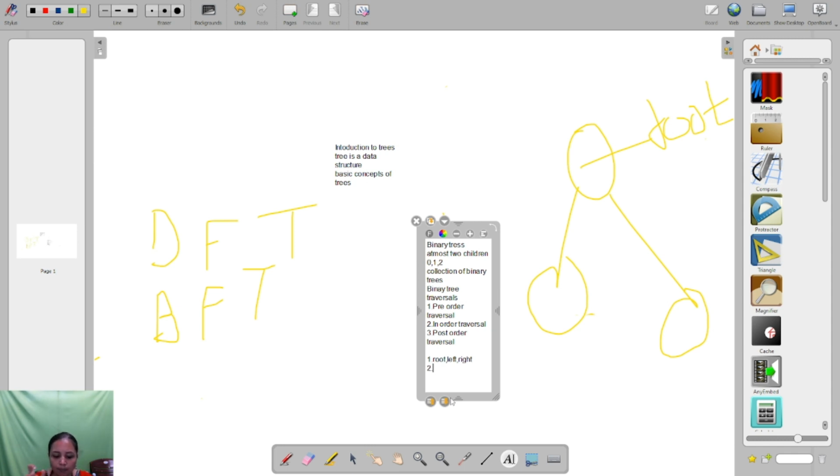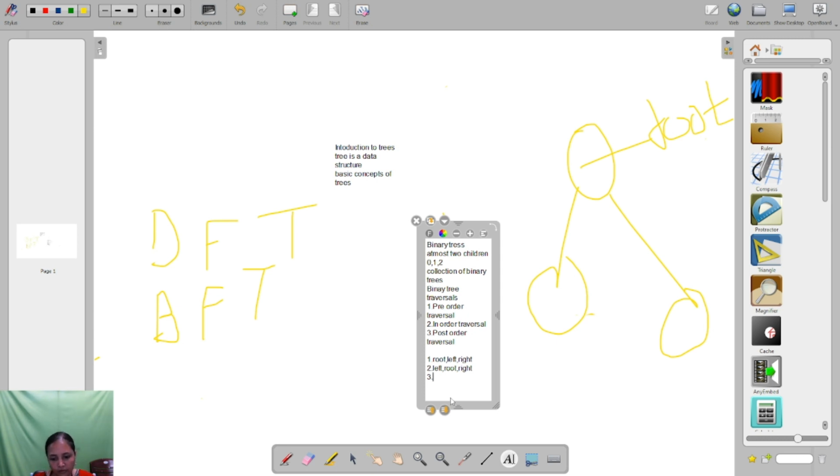The second one is inorder. In means between or middle, so the root is present in the middle. First left, the second one is root, the third one is right. So left, root, and right is the rule of inorder traversal. The third one is postorder.